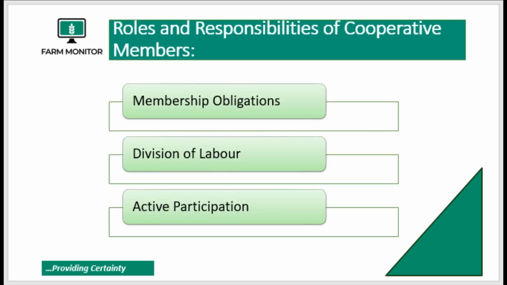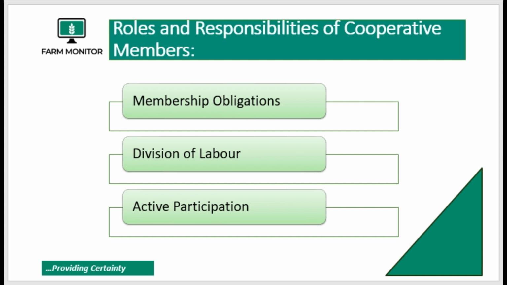Let's look at the roles and responsibilities of cooperative members. Members have obligations and they must fulfill their obligations. If you are supposed to pay dues or levies, or you're supposed to carry out certain tasks, either as assigned or collective, you must fulfill your obligations.